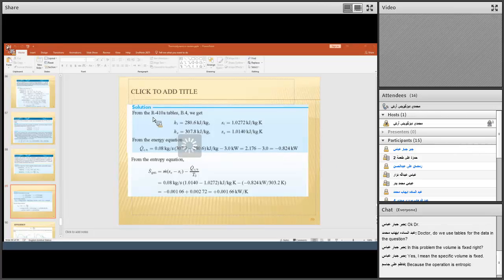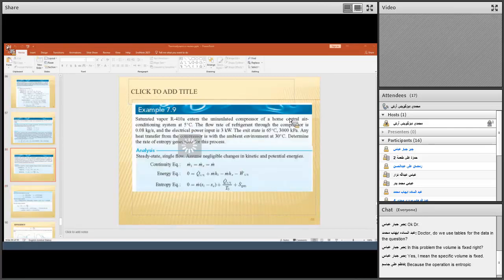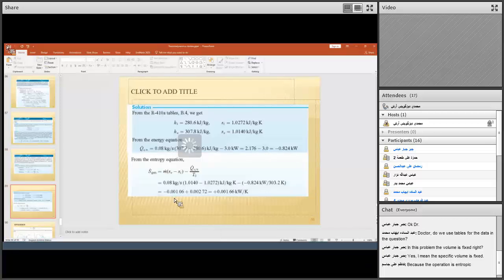So for refrigerant R410A, we can use table B.4. For a state of saturated vapor at 5 centigrade, we can use table B.4.